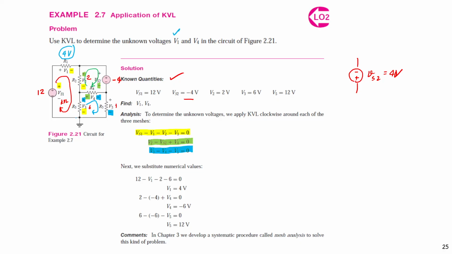Okay. How about V4? Maybe from this equation, because we know V2 and Vs, right? V2 is 2 volt. Vs2 is minus 4. Then we get V4 as minus 4 volt, right? So V5 is 12.